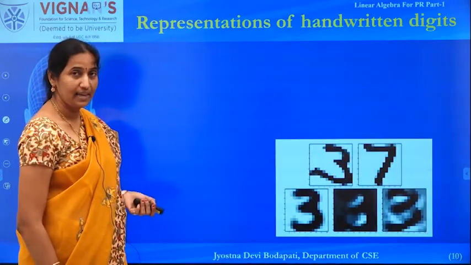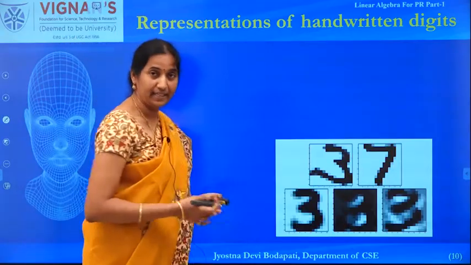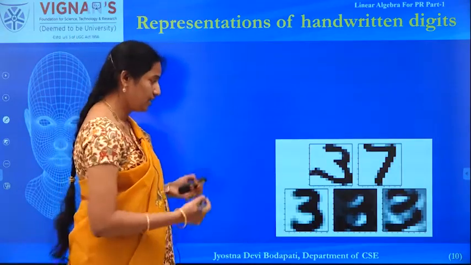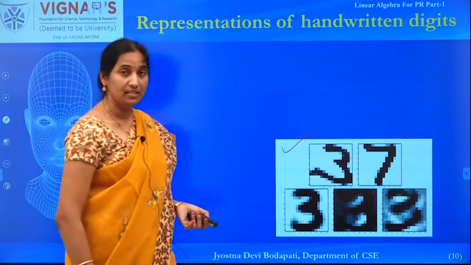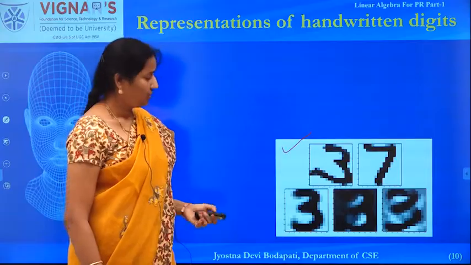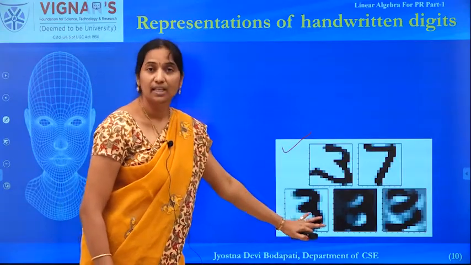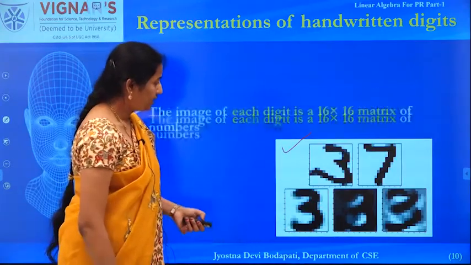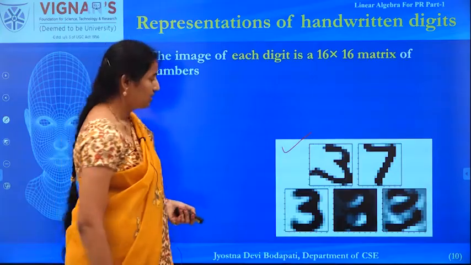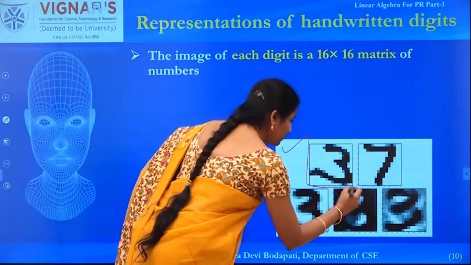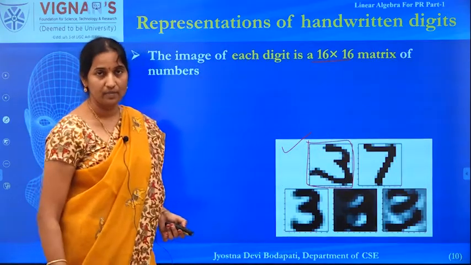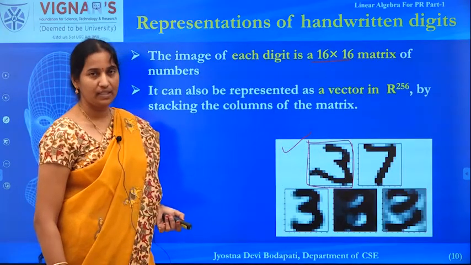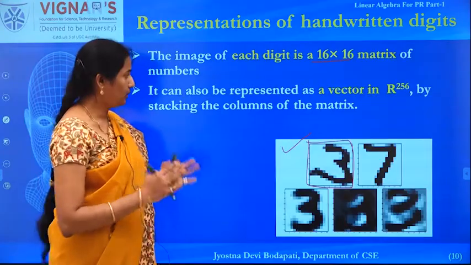So consider this example to get a better understanding of why linear algebra is needed. Here the task is handwritten digit recognition. These are the set of images that are given to us, and how do we represent these images? Say for example, each digit is represented using a 16 by 16 matrix, and instead of directly representing it, I will convert that to a vector.